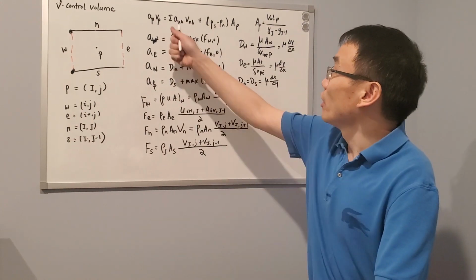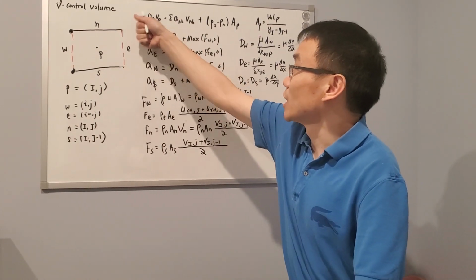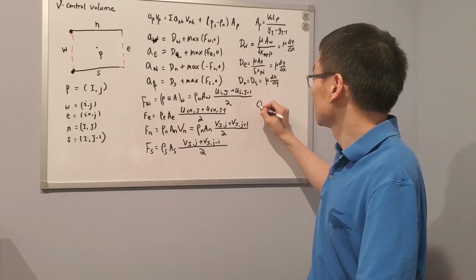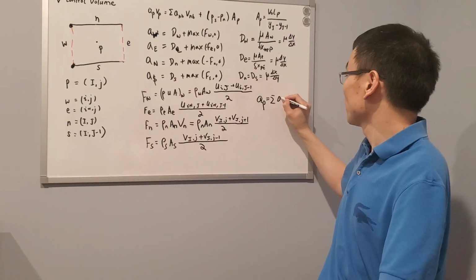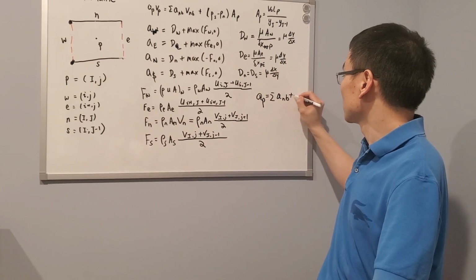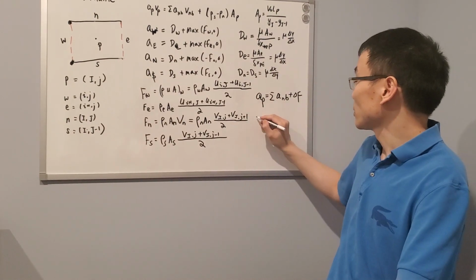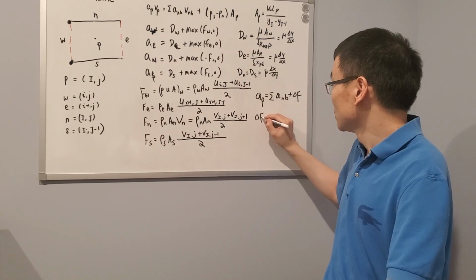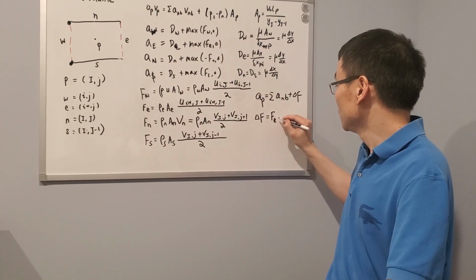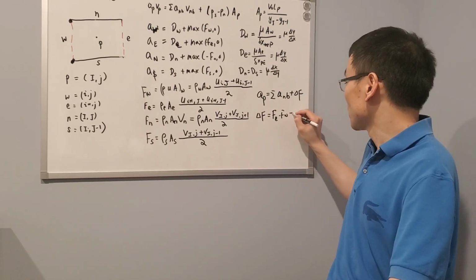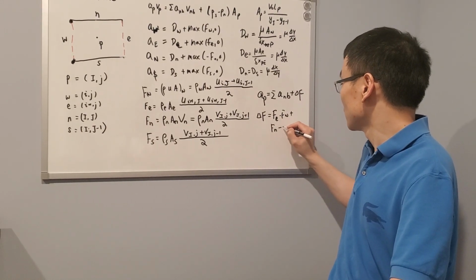Okay. So having all d coefficients and F computed, we will be able to compute all a neighbor coefficients. And with all a neighbor coefficients, we can now compute the AP coefficient. So AP will be the summation of a neighbor plus delta F. Recall that we define delta F as Fe minus Fw plus Fn minus Fs.